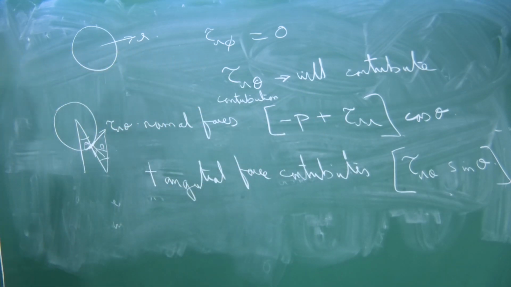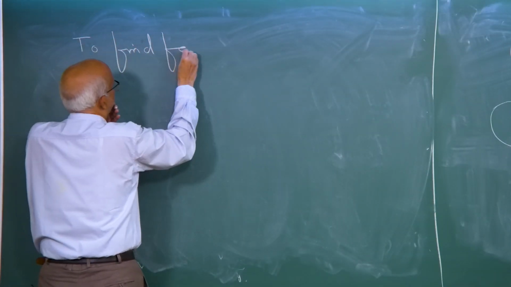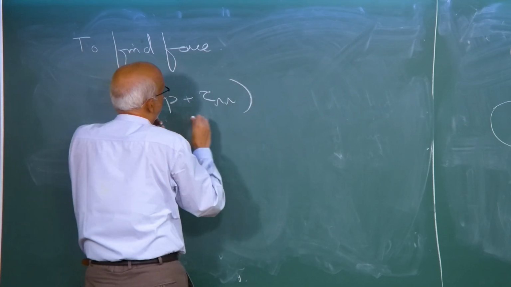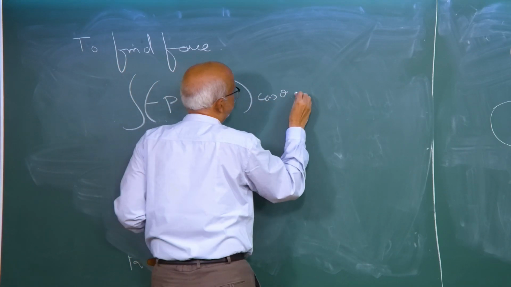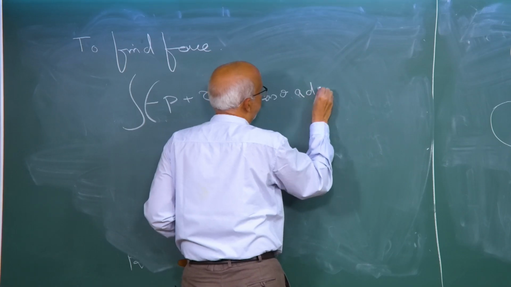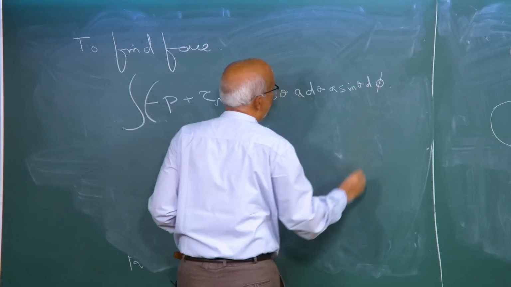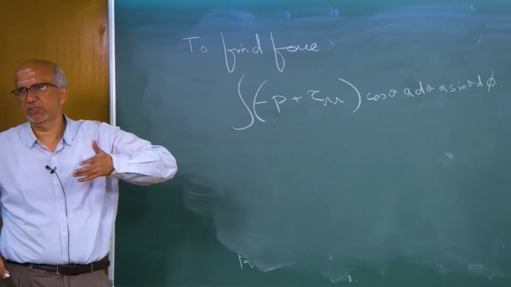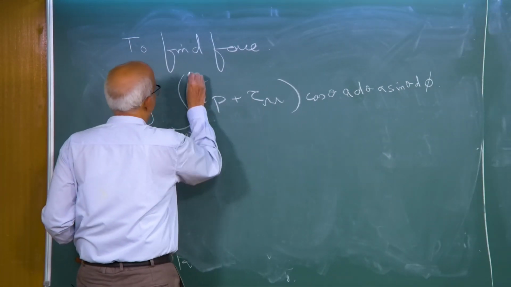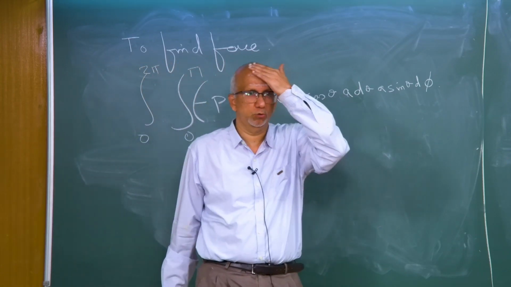So, to find the force: minus P plus tau rr, cos theta, times A d theta, A sin theta d phi, because I am interested in the surface of the sphere, r is equal to A. Theta goes from 0 to pi, and phi goes from 0 to 2 pi.